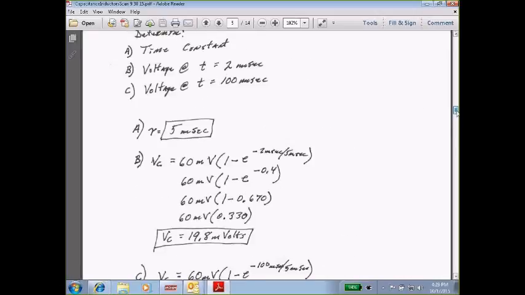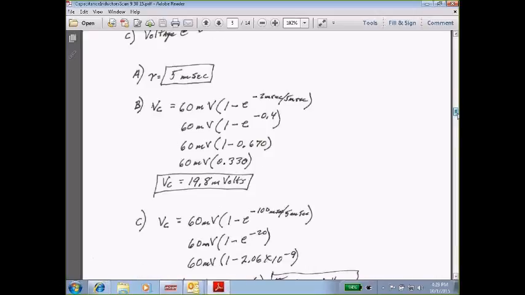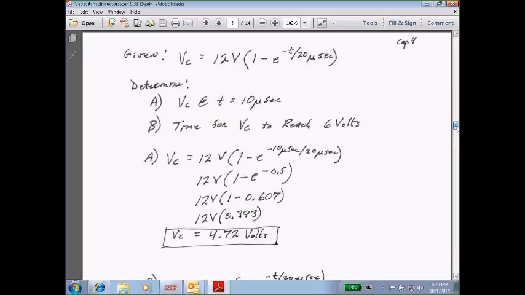These problems that I'm going over are actually some homework problems that I pulled out that I gave last time I taught this. Given VC is equal to 12 volts times 1 minus e to the minus t over 20 microseconds. Now my tau is 20 microseconds. Determine the voltage VC at a time equal to 10 microseconds, and then the time for VC to reach 6 volts.